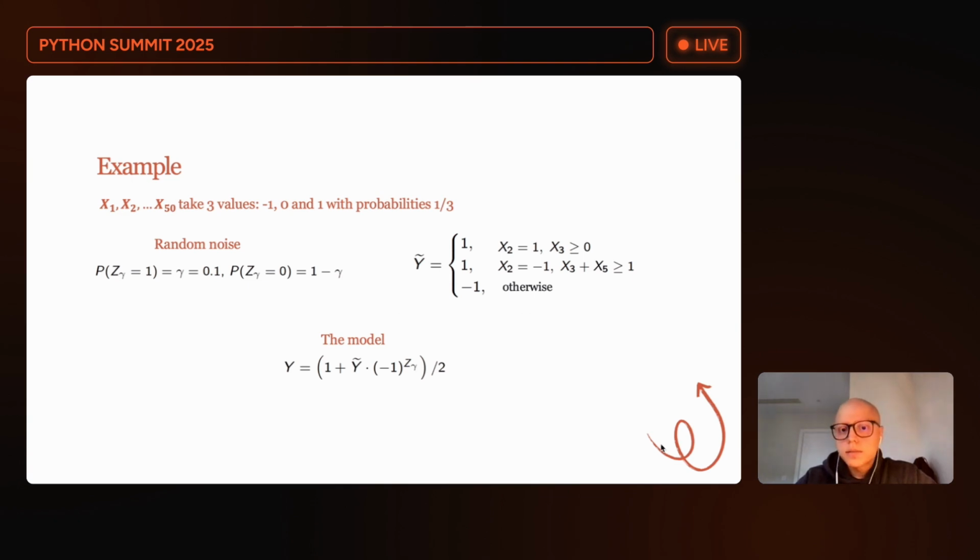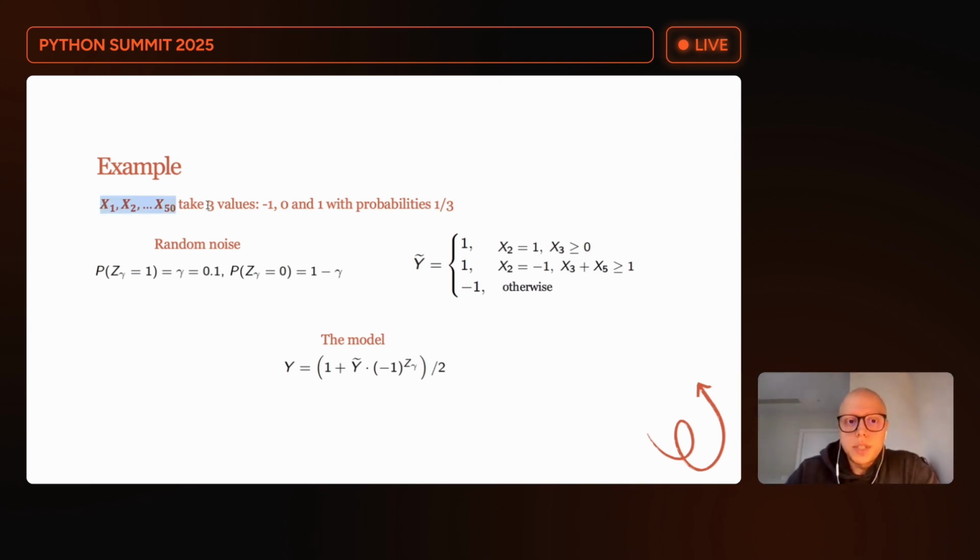So let's take some example, which is a toy example. Let's build some model. The model is written here, and it's a really simple example that anyone can program in Python in like 10 minutes. You just generate, let's say, 50 features.